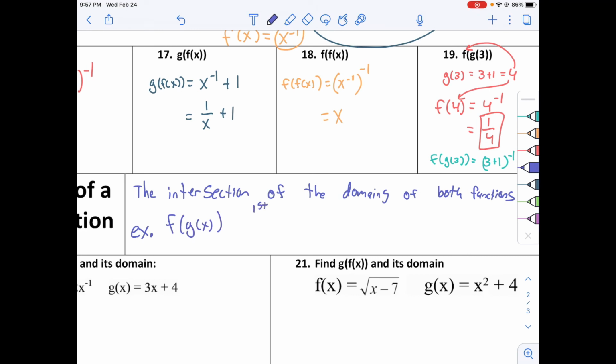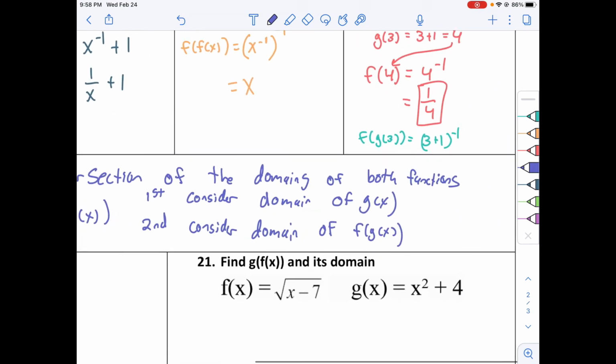First, consider the domain of g of x. That's the first most important thing. Second, you consider the domain of f of g of x. All right? And then wherever these two intersect, that's your final domain.